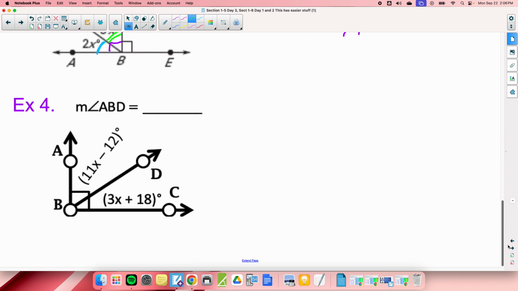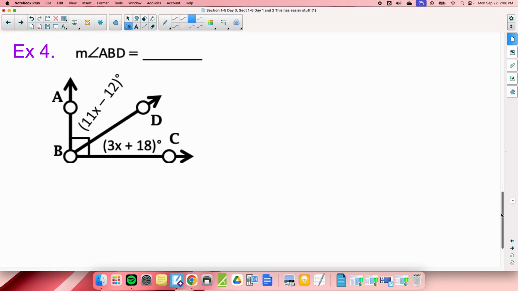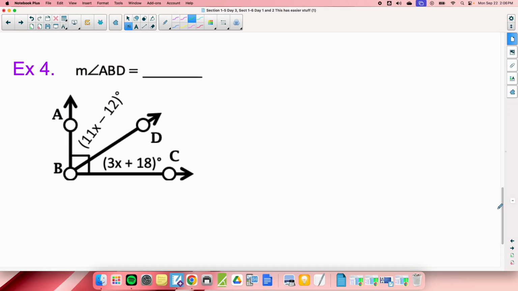Now let's go down to this one. This looks a little bit harder just because they have longer expressions. But same thing. Do you see how there's a 90-degree angle? What do you think I would do with those two? Add them and set them equal to 90.